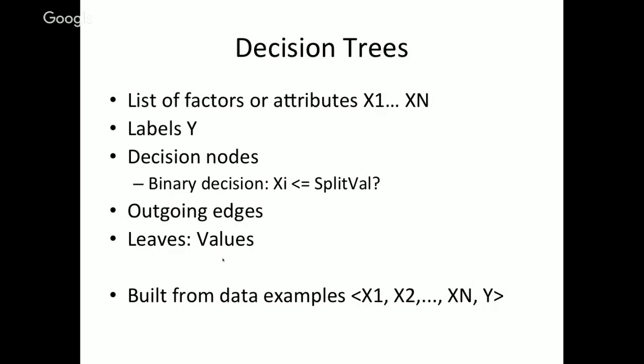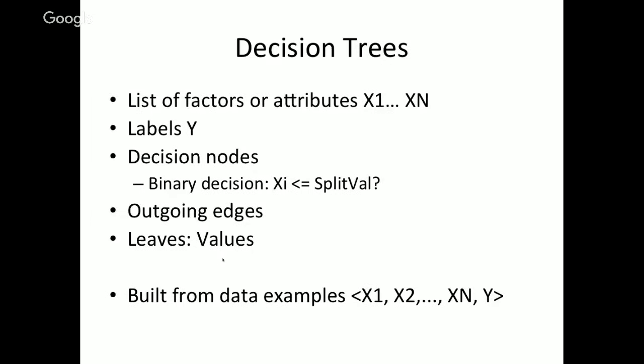And so the factors or attributes are our x's, and we might have many of them. We might have up to n of these factors. Now, associated with each group of factors are a label, y. So our data consists of the values of the factors and the values of the labels.